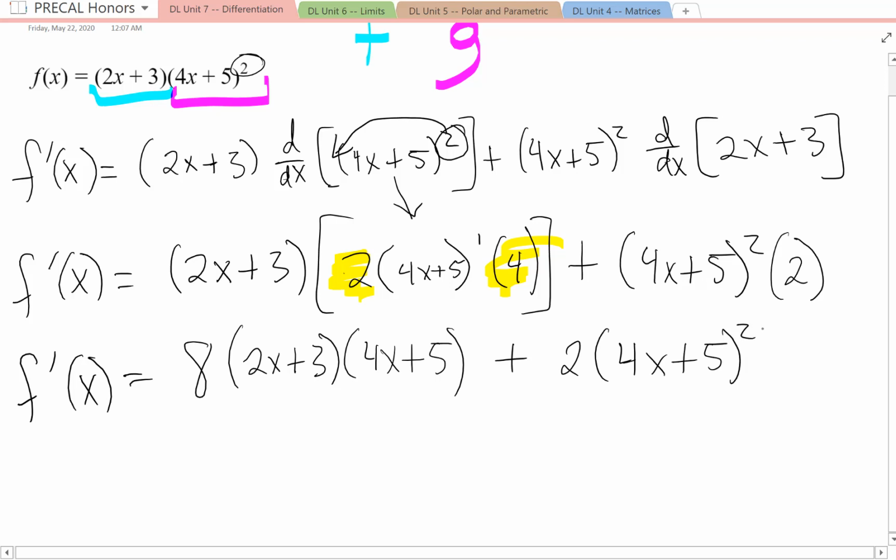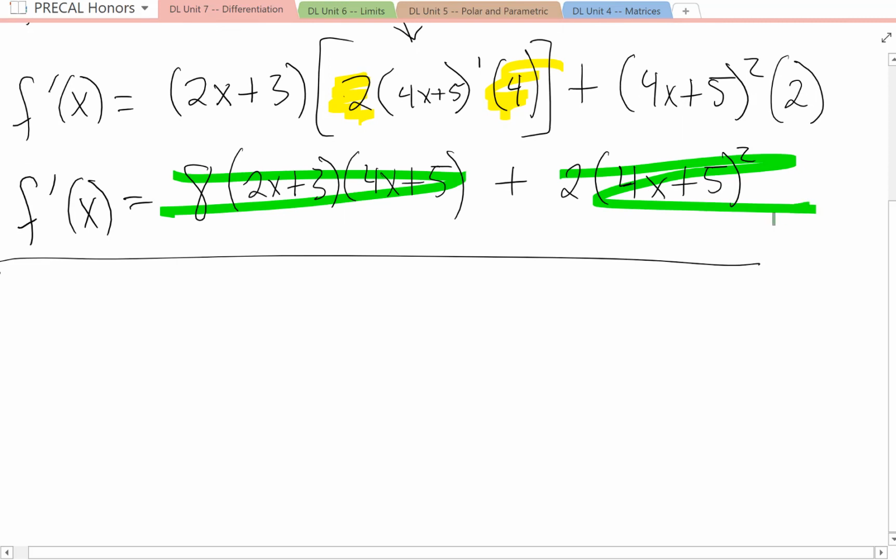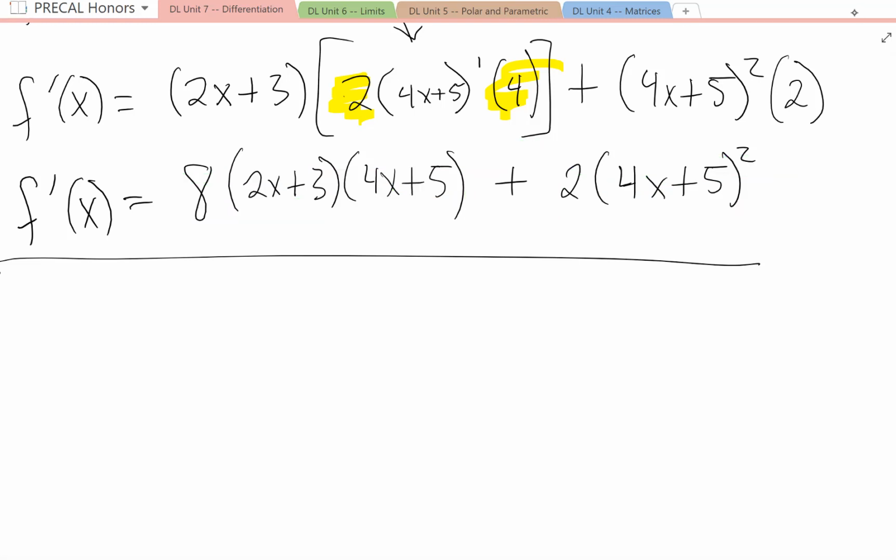Okay, this is what I'm talking about. This piece is factored, but because there's a plus sign in between, it's not fully factored. So this is an example of a partially factored mess. So let's clean it up.